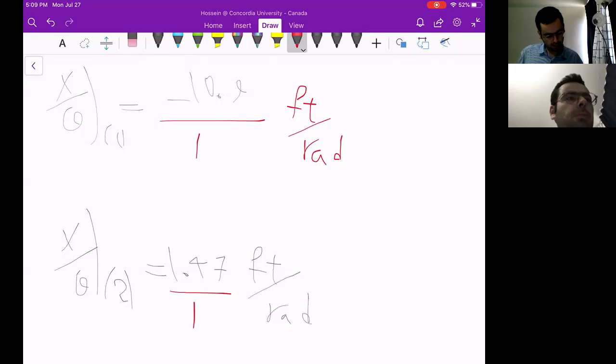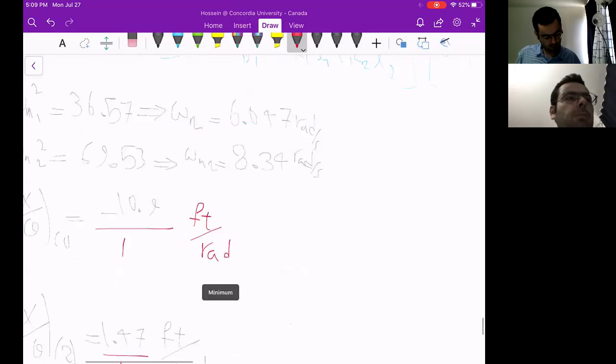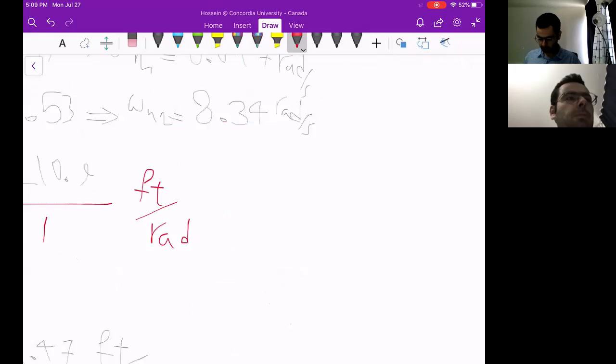So here for the first mode shape, x over theta, if we have a positive rotation, there would be a negative 10.9 foot displacement of the system.